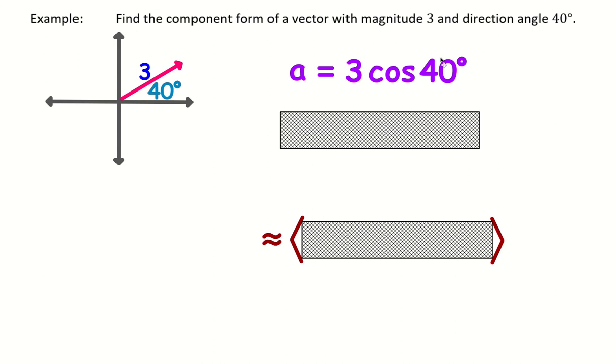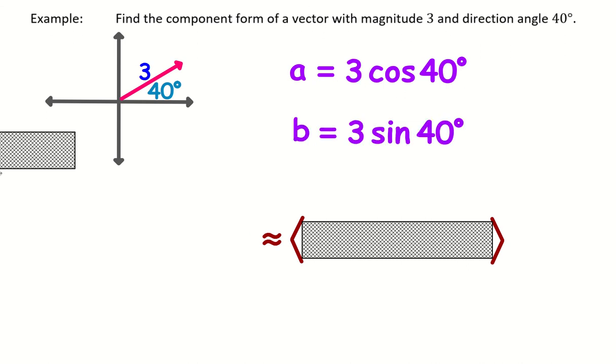Remember how SOHCAHTOA, the cosine is equal to adjacent over hypotenuse? So, using a little basic trigonometry, in other words, the cosine of 40 is equal to a over 3. And likewise with the b value, the y coordinate, that would involve sine, because sine is opposite leg over hypotenuse.